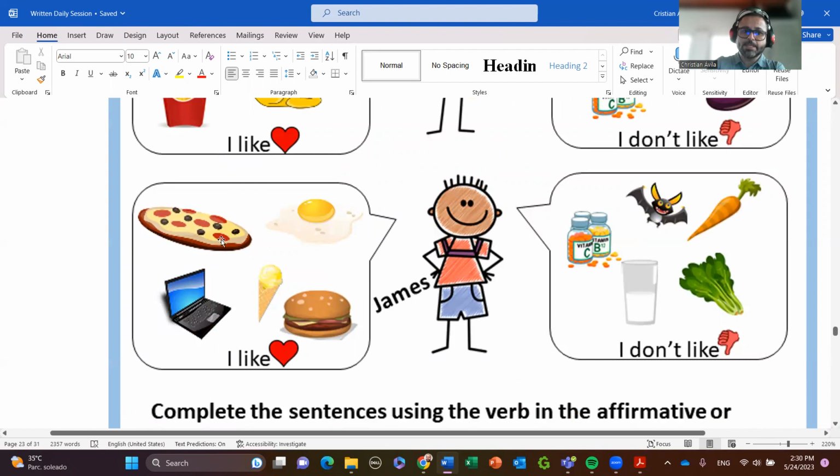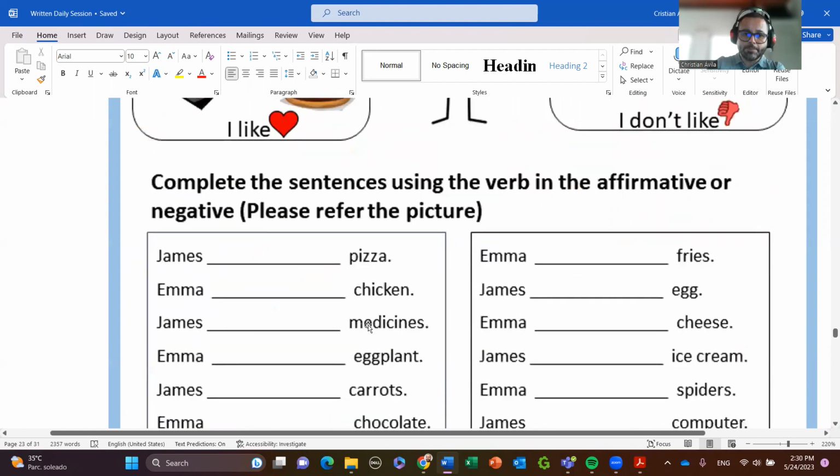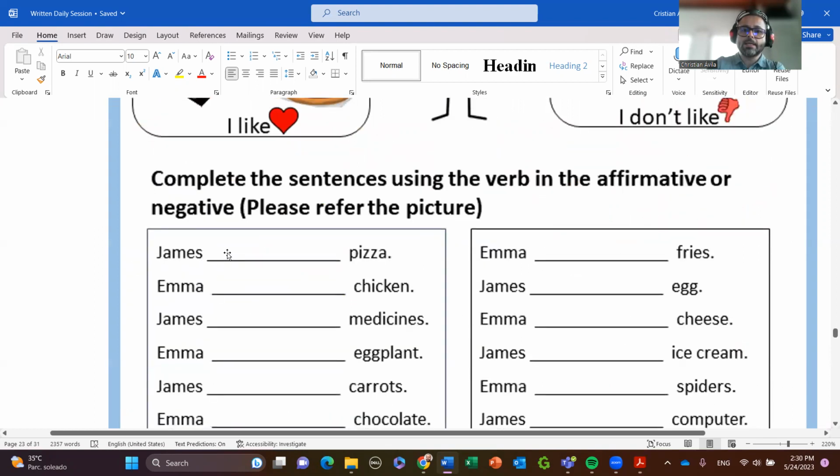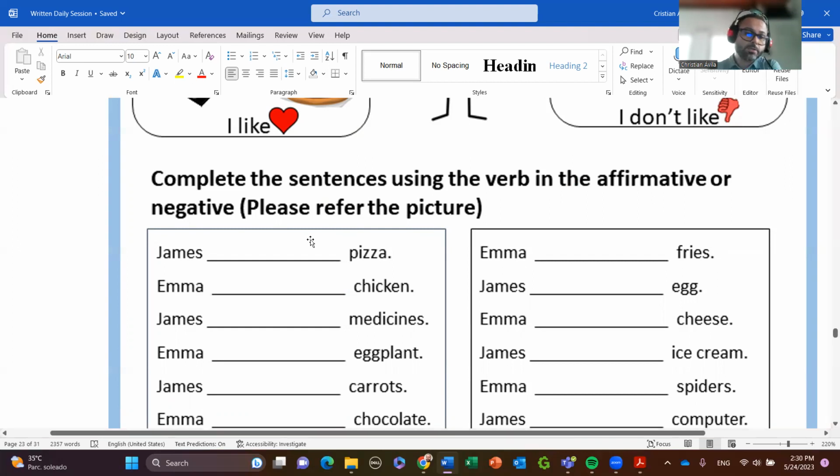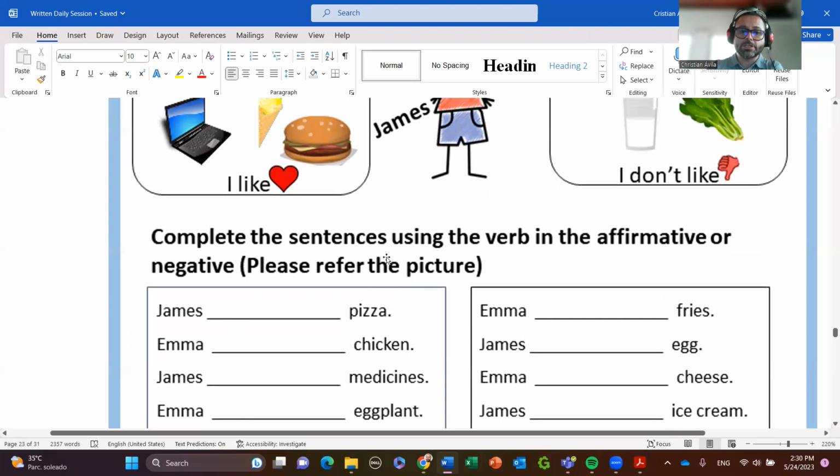So James likes pizza. You can go beyond, and if you want to add more information, you can say James likes to eat pizza. So that can be another way to express it. But in this case, it's just asking me to add the affirmative or negative part.